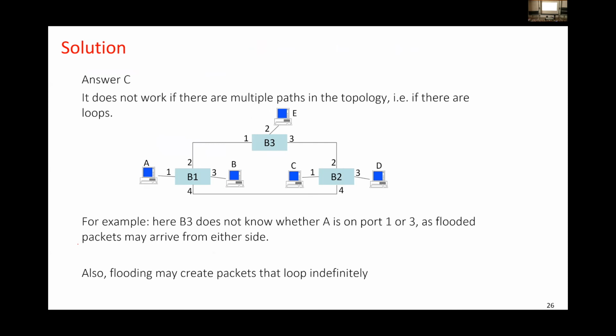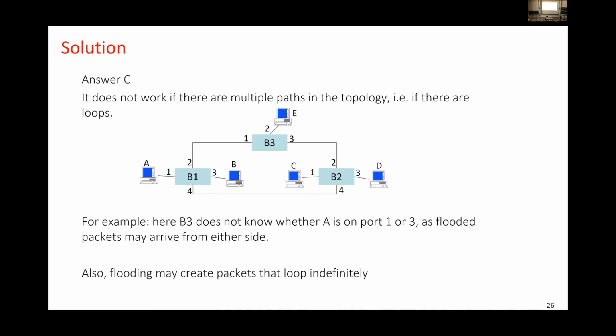For example, if there is a direct link from B1 to B2, and the topology has a loop, then it's less clear what it means. Do we consider that C and D are on port 4 or on port 2? Perhaps yes, because it's the shortest path, but perhaps also this link is very short and this bridge is very fast, so it's not clear.